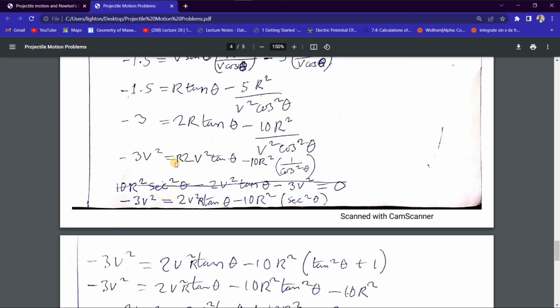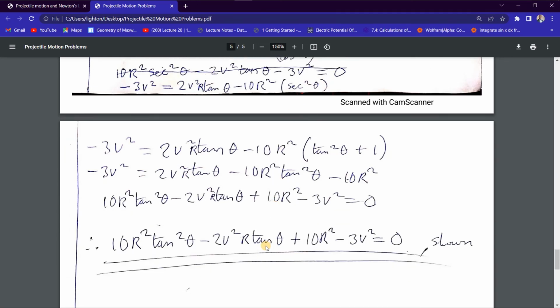Alright, this expression can be written in this form as 2v squared R tan theta minus 10R squared, and this identity is just equal to sec squared theta.